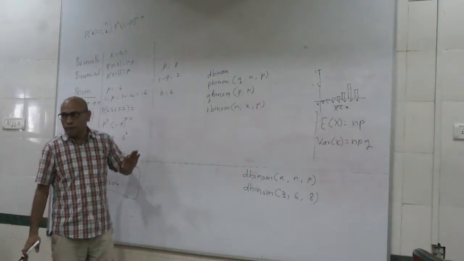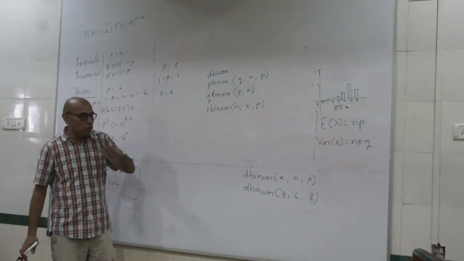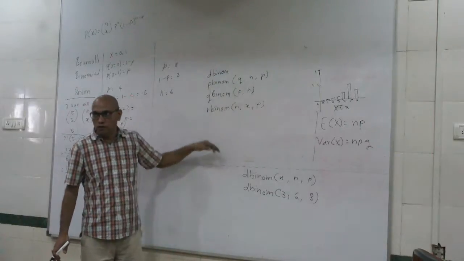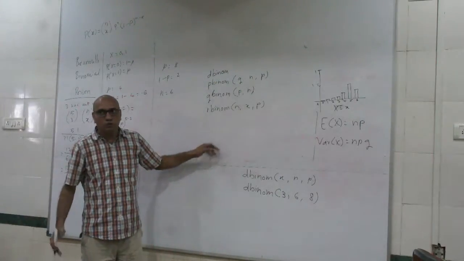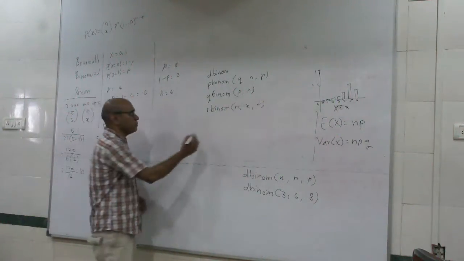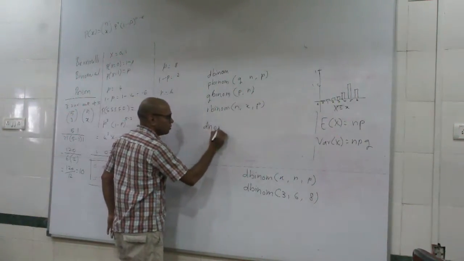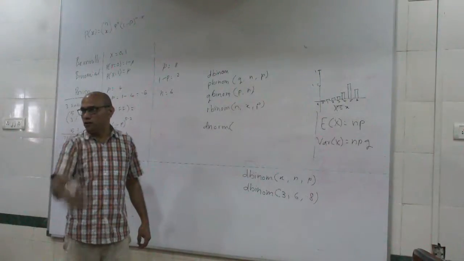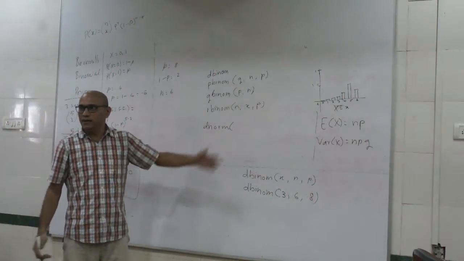So actually in R, for all distributions, you can get all these 4 functions. Okay? So for normal, I have norm, right? So I get something like dnorm, and I have to specify the parameters for the dnorm, and I get it.